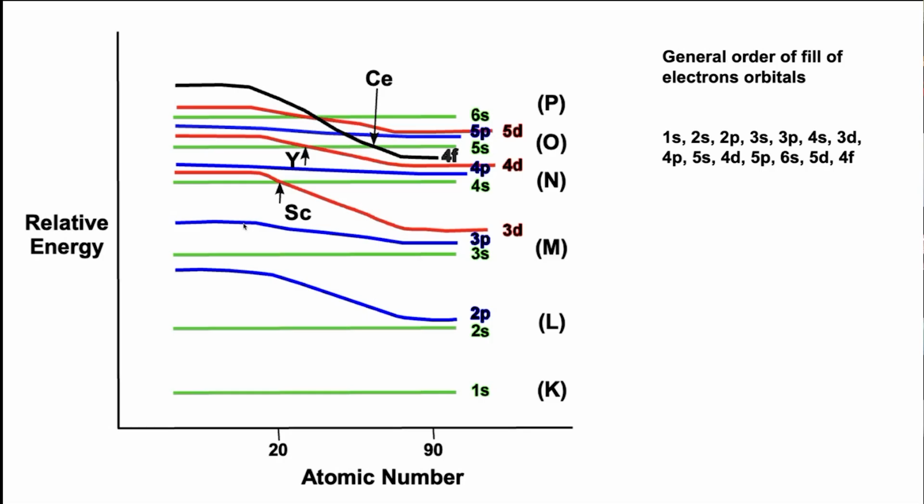What I want you to get from this is if you look at cerium, cerium represents an element where, energetically, it wants to fill the 4f shell before the 5s and the 5d. Based on it having a lower energy profile.